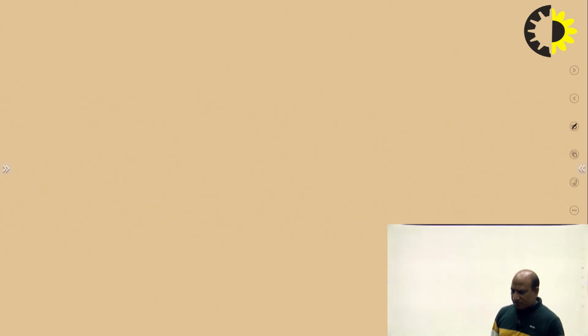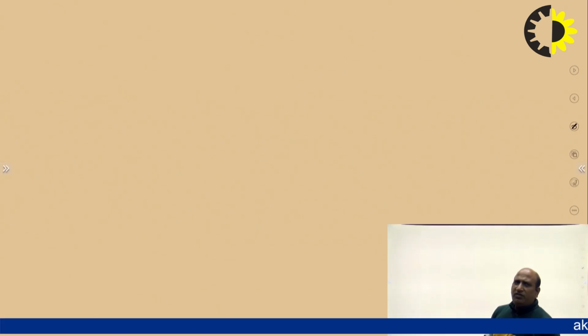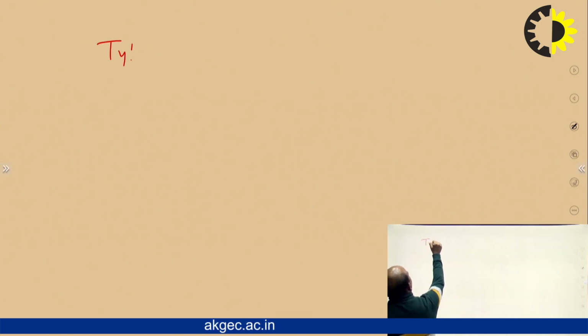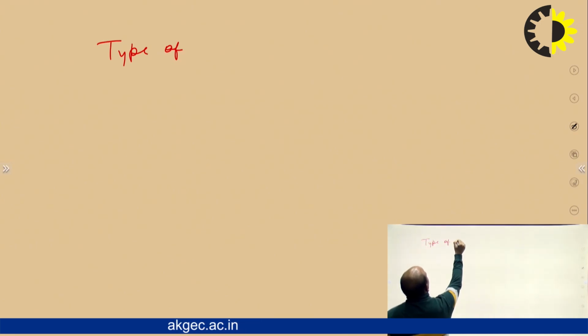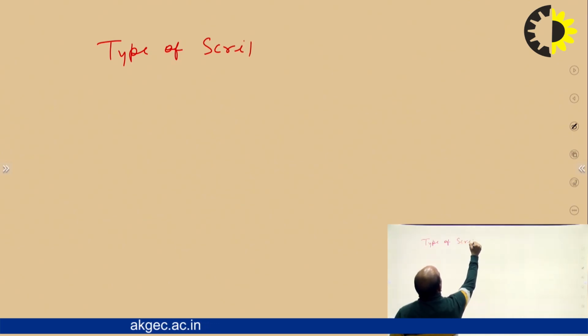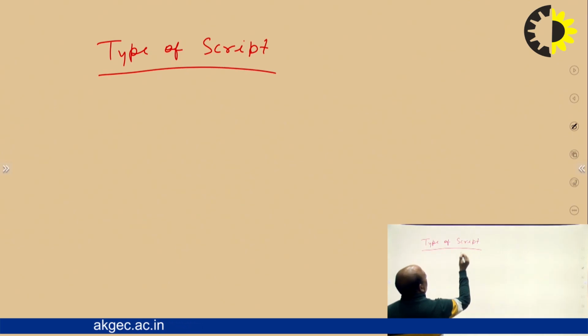So if you want to apply JavaScript in your form, and that form may be designed in JSP as well as HTML, there are 2 ways by which you may apply a script.